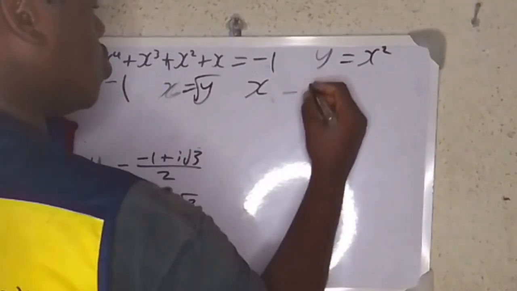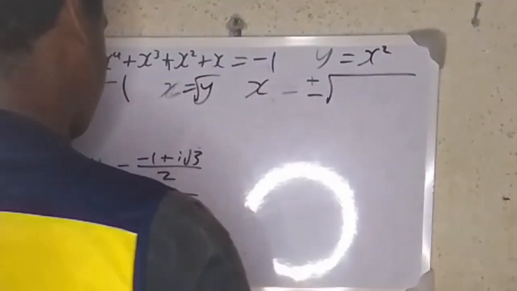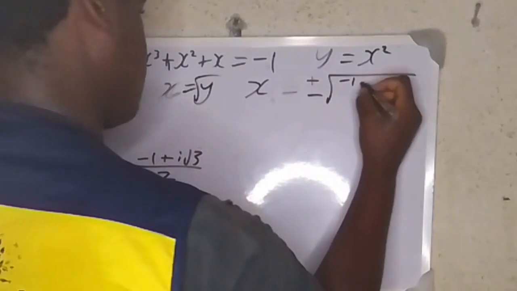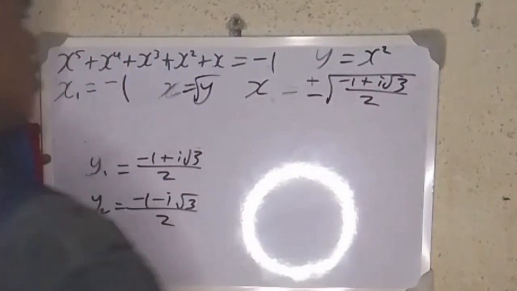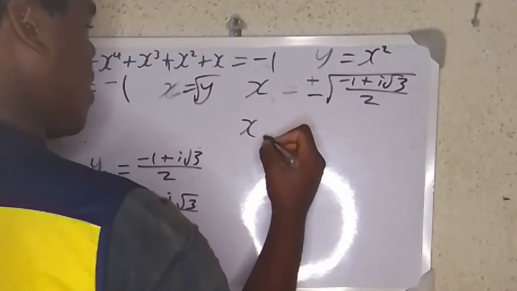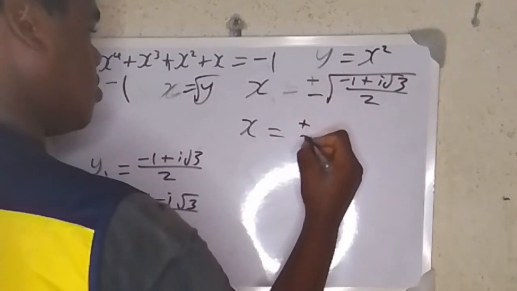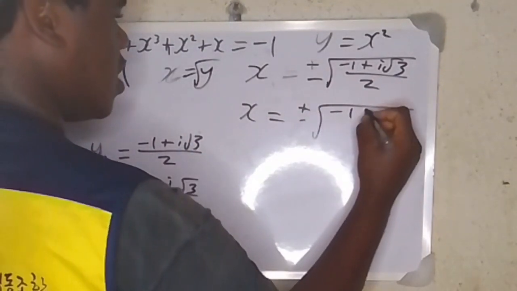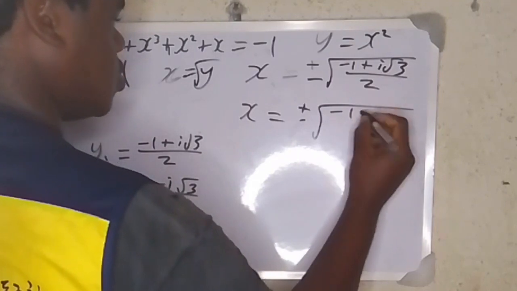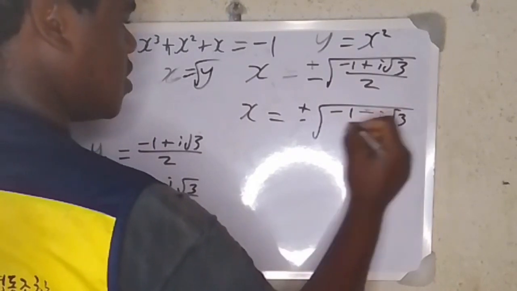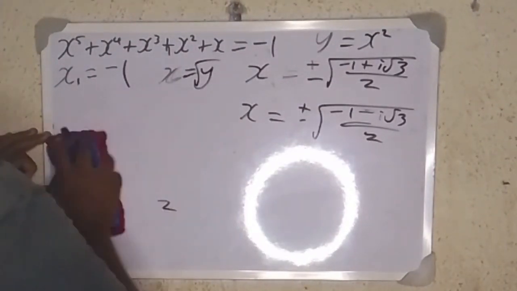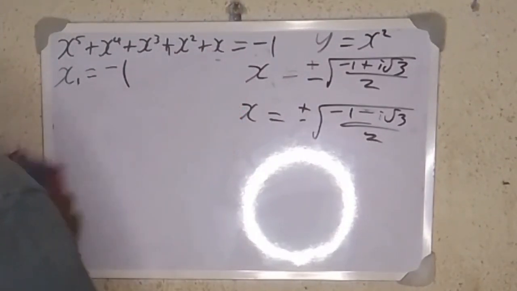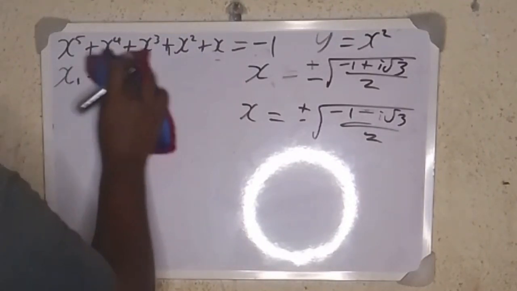So x could equal plus or minus the square root of y1, which is (-1 + i√3)/2. And our x could also equal plus or minus the square root of (-1 - i√3)/2. So that is basically what gives us our four equations, because now we can see that our x1 is equal to negative 1.